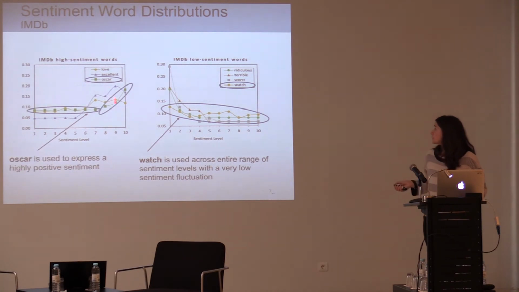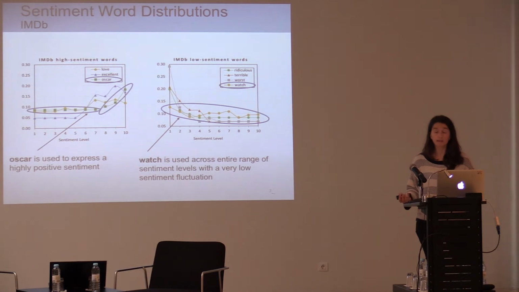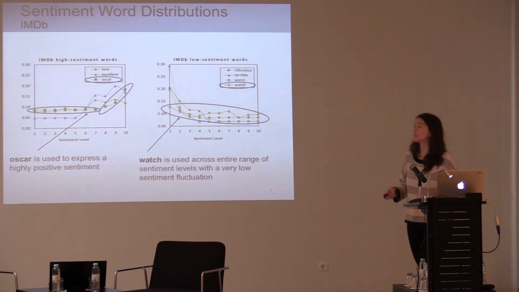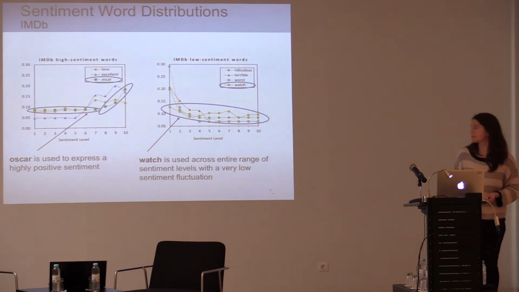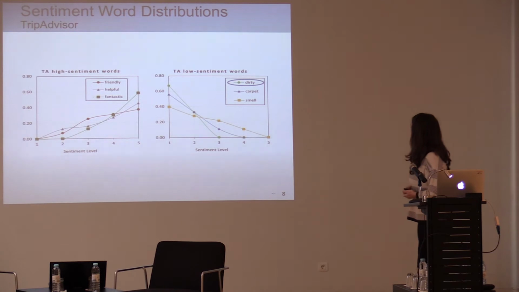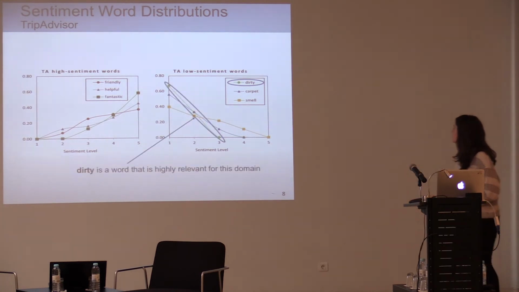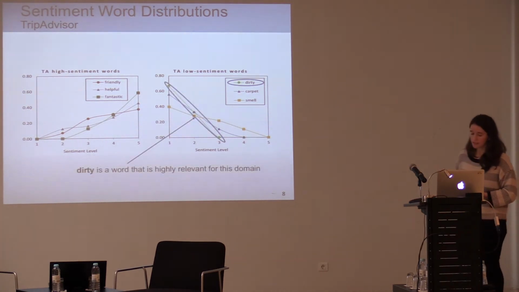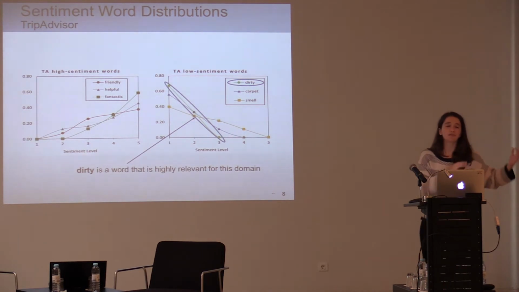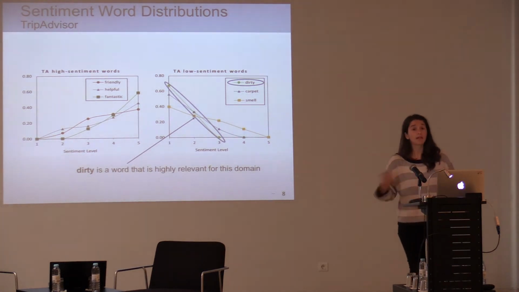And finally, here I just want to show you an example of a word that is highly attached to the domain. Oscar, in other domains, might even be a given name, so it will not have any sentiment value, but in this specific domain it's highly important. And still on the same graphs, what I want to show you here is that so far I've been talking about the movie domain, but this also applies to other domains.